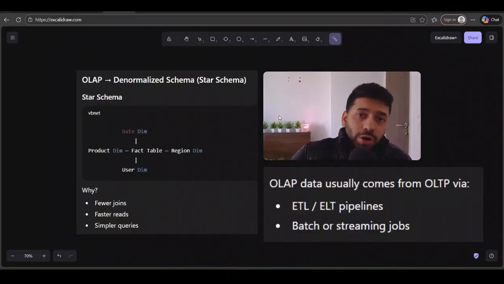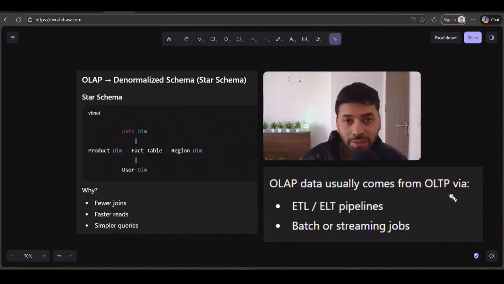Okay, one more important thing here is, as we said, OLTP is used for running the business and transactions. So OLTP acts as your source of truth. But when we talk about OLAP, the data in OLAP usually comes through OLTP only.